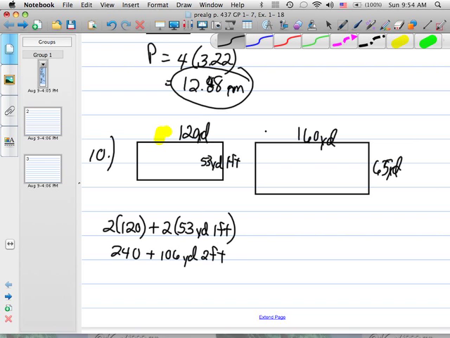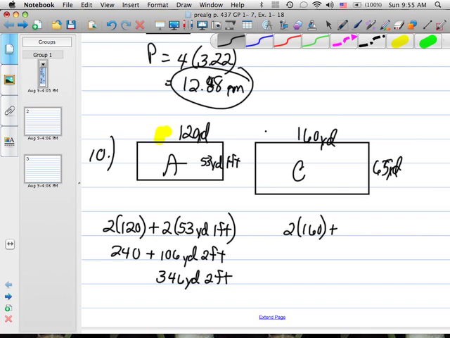So that would add up to 346 yards, 2 feet. This is the American. This was the Canadian. 2 times 160 plus 2 times 65. So that's 320 plus 130, so that'd be 450.